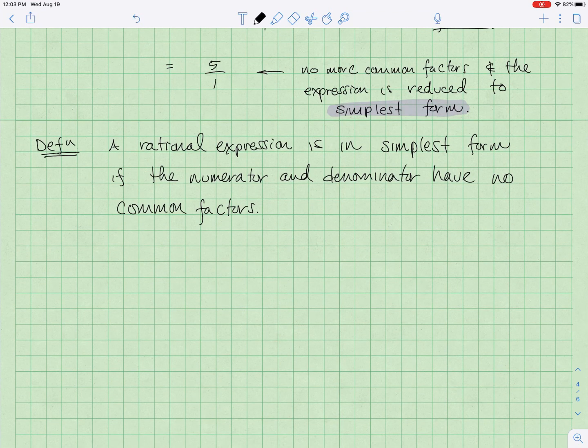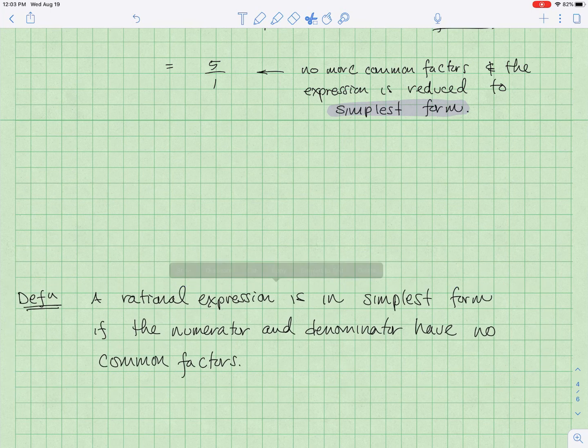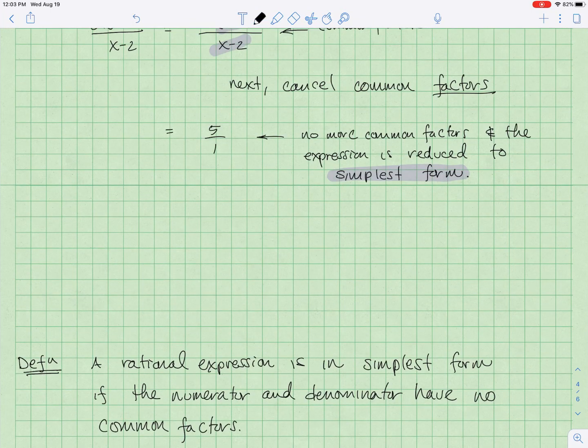Now, going back to this problem, we actually saw the following result. So let me move this back here out of the way. I kind of jumped the gun with that definition. I want to talk more about the result of this last problem. Result: 5x minus 10 over x minus 2 is actually equal to 5, provided x is not 2.